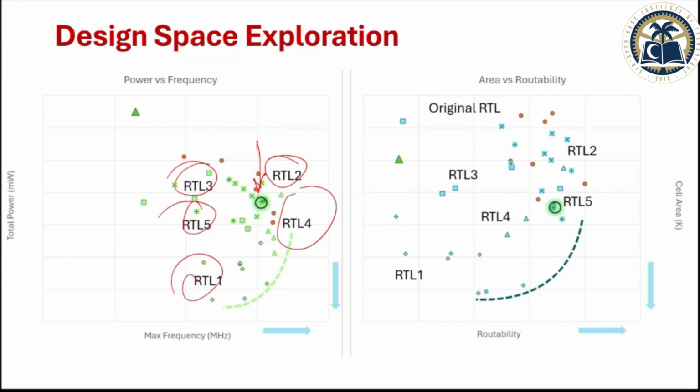So you can have multiple RTL implementations in the design space, where you have to find the sweet spot that gives you the best trade-off between how fast you want to clock it, how much power budget you have, and how much area you want to consume.